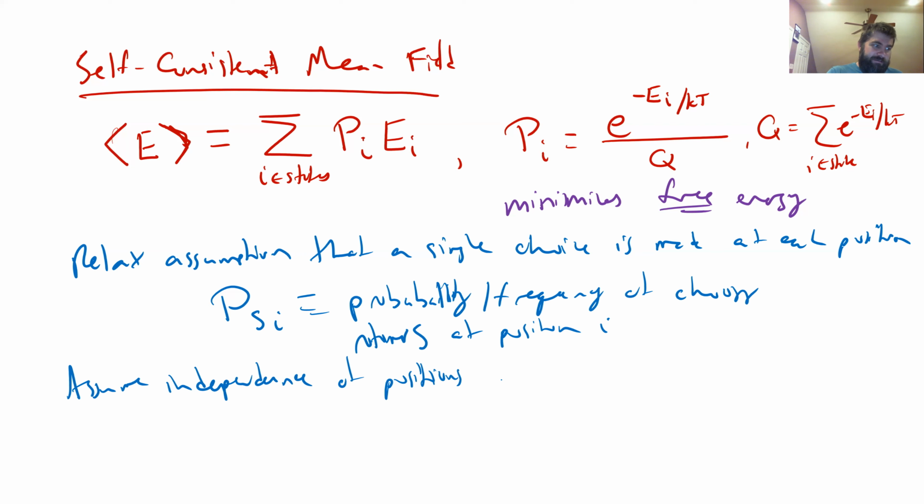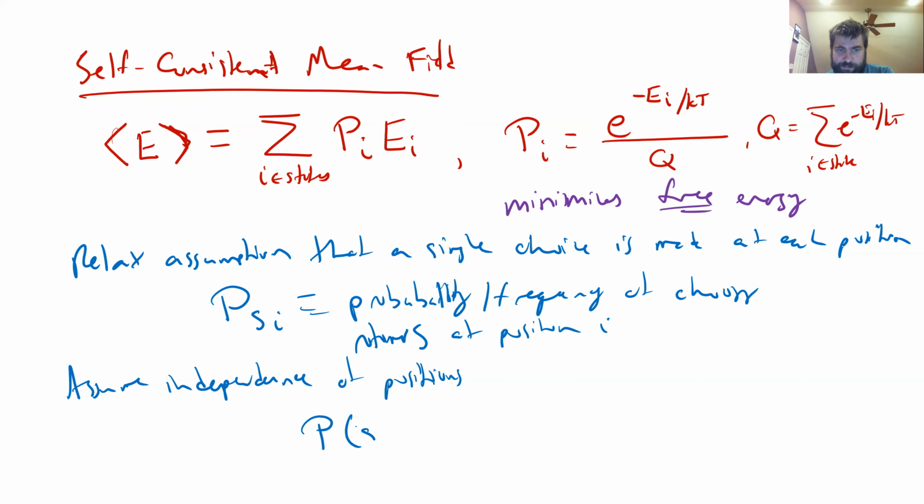That is, their probabilities are multiplicative when we have to get the whole total probability.